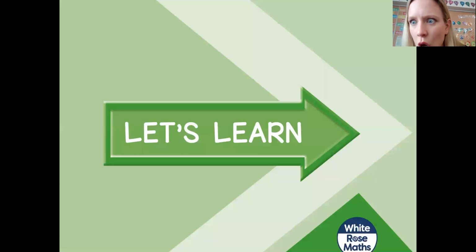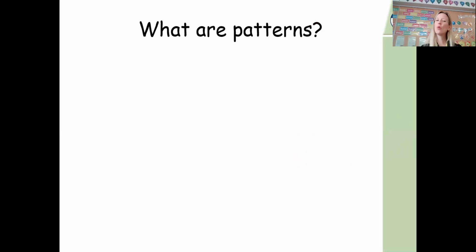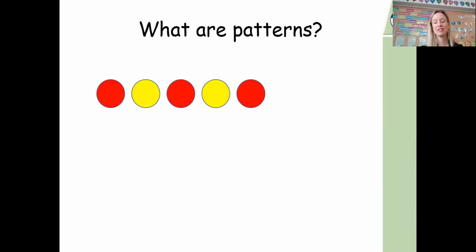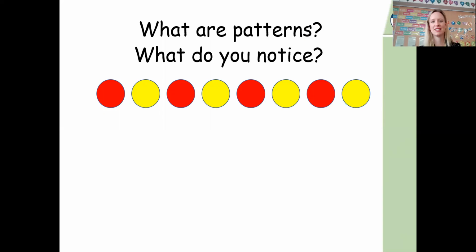Anyway, let's learn. So what are patterns, children? What is a pattern? There's a pattern coming out in front of us here. Can you see it? There you go. It's repeating, isn't it? Oh, I've just given you an answer. It says, what do you notice?